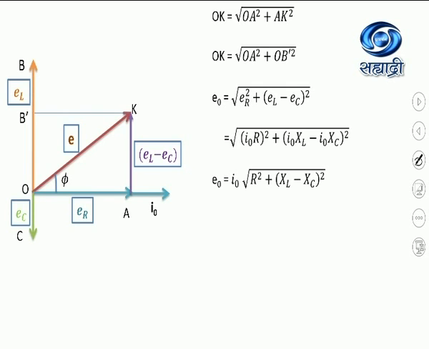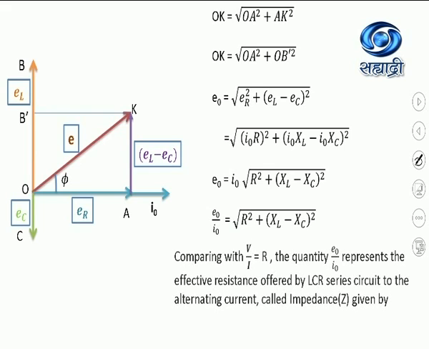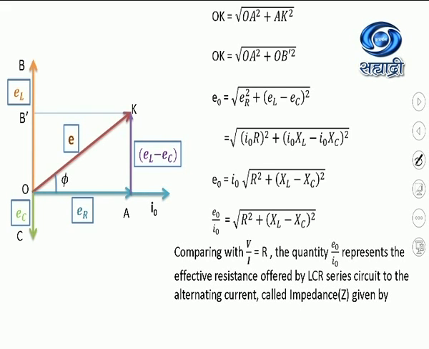So taking I naught square common and outside the square root, we get E naught equal to I naught into root of R square plus (XL minus XC) square. So from this we get E naught upon I naught is root of R square plus (XL minus XC) square.